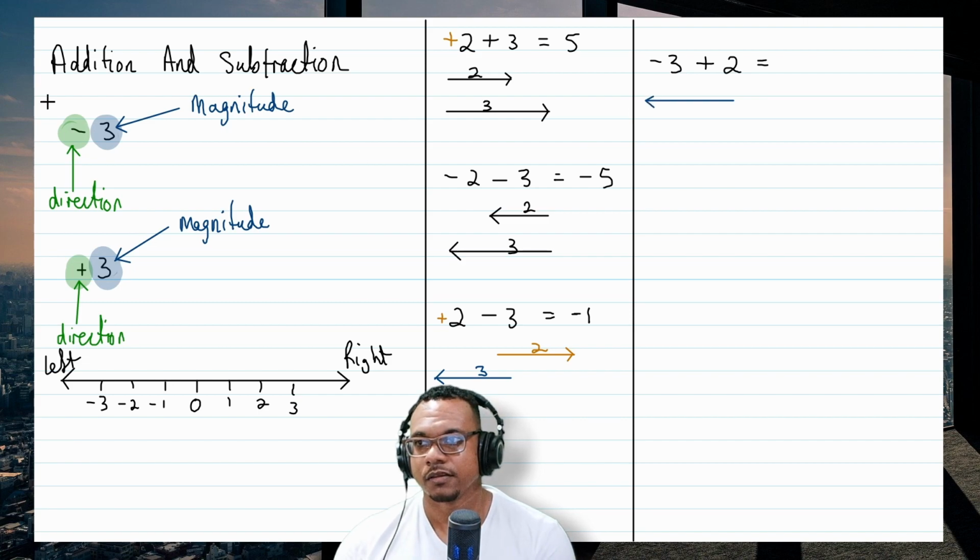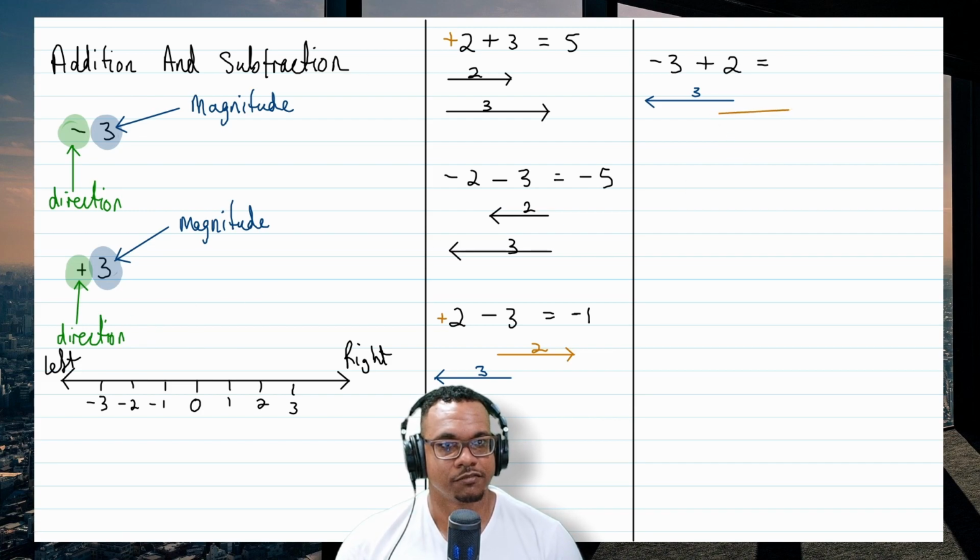All right, that's the 3. And then I'll have 2 going to the right, called positive 2. So if 2 people are pushing in opposite directions, you're going to get a lesser force. So that means you have to subtract 3 and 2 and get 1.